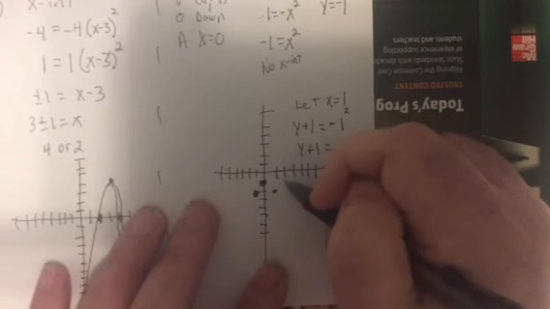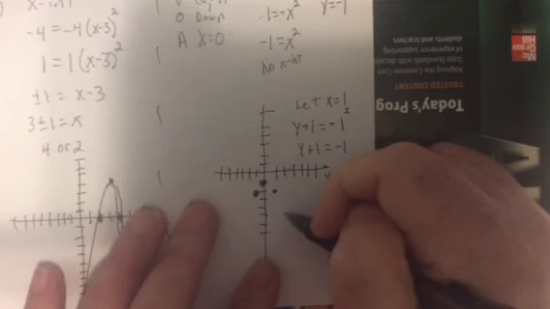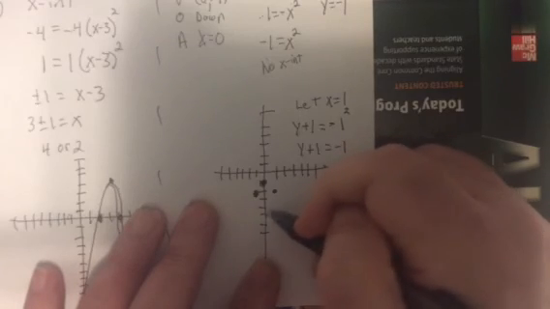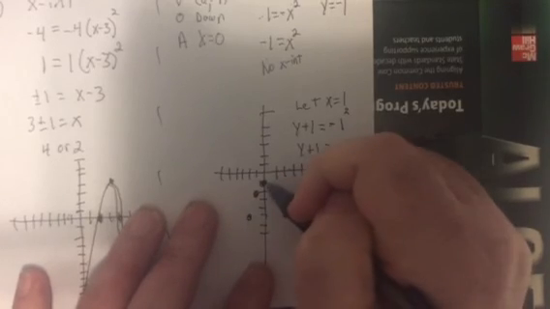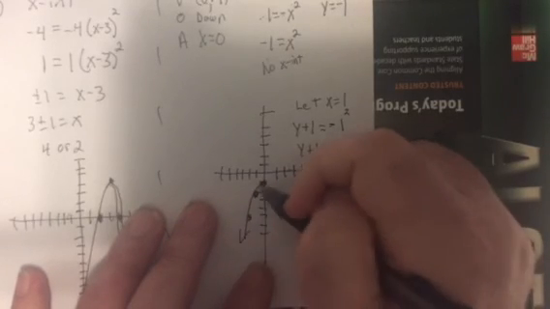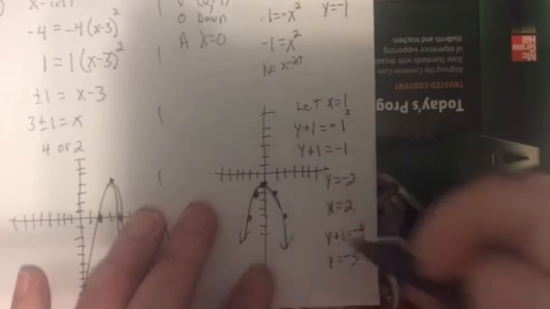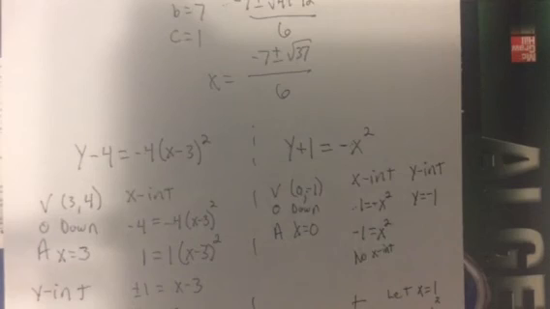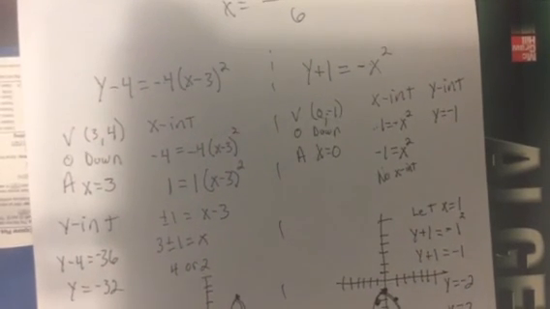So we have 2, 1, 2, 3, 4, 5. And if there's a point 2 units this way, there has to be a point 2 units this way. So I just wanted you to get some practice with this.